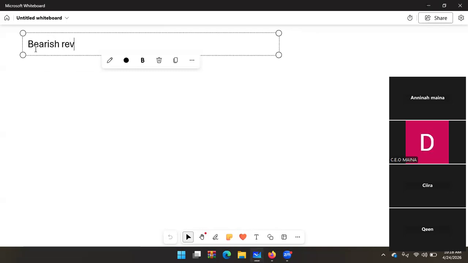Bearish reversal chart patterns. So which are these bearish reversals?